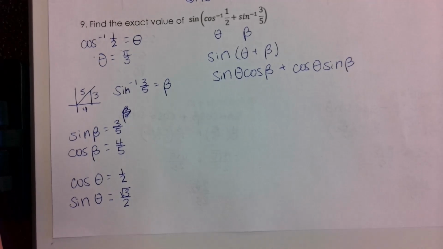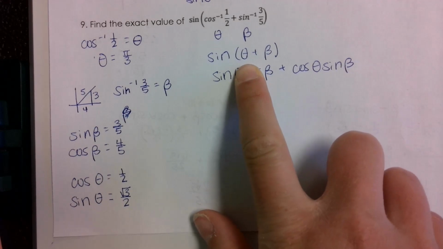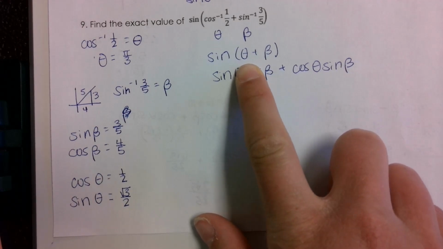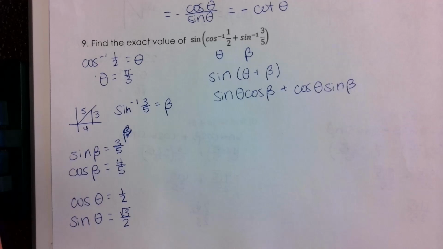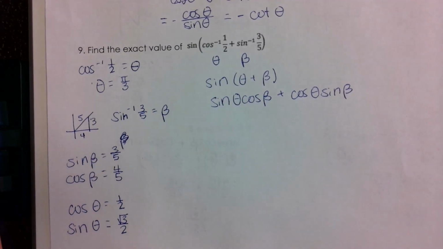So instead of X, Y, Z, any letter of the alphabet, they use the Greek alphabet. This is theta, and that's beta.